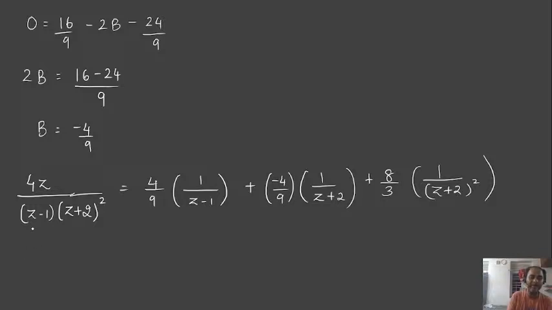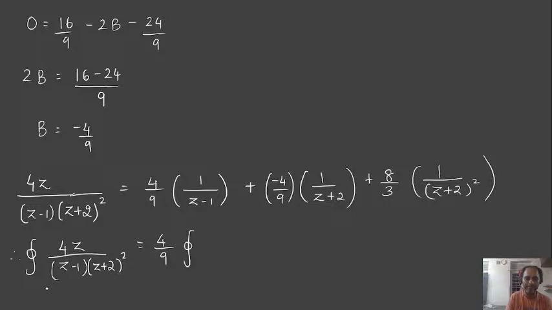The moment we apply integration here, the integration of 4z over (z minus 1)(z plus 2) the whole square is 4 by 9 integration 1 over z minus 1 dz.